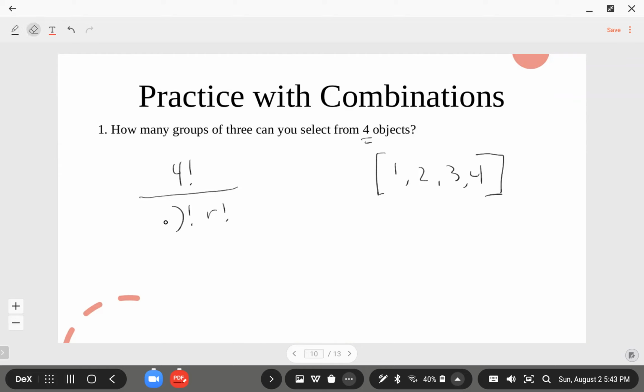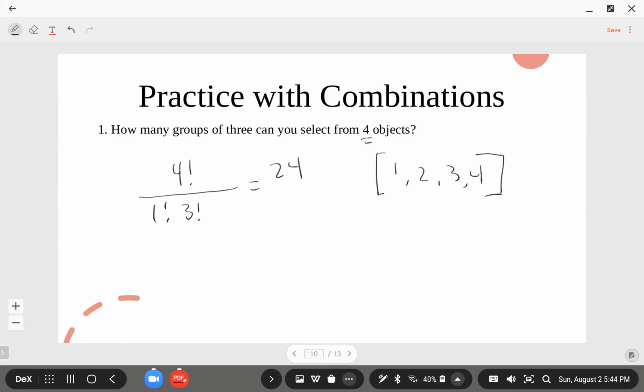And what is 4 minus 3? We're selecting groups of 3 from 4 objects, so it should be 4 minus 3, and that would be 1 factorial. And then multiply by r factorial, and r, you know what that is. That is 3, correct? And you get this. This is the combination formula. Then you can simplify this.